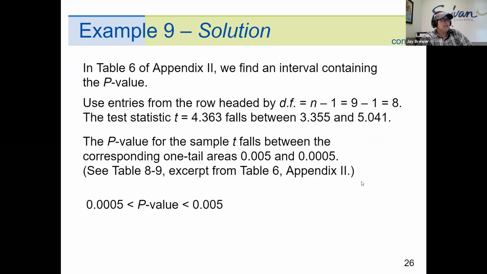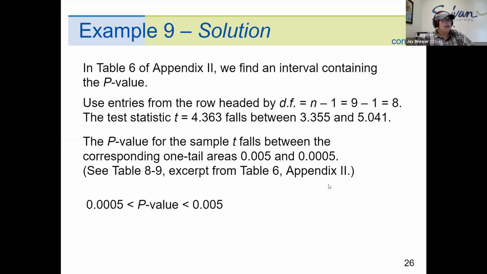In Table 6 of Appendix 2, we find the interval containing the p-value. Use entries from the row headed by degrees of freedom equal to 8. The test statistic t, 4.363, falls between 3.355 and 5.041.